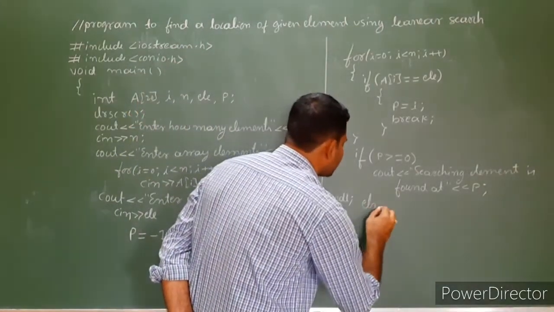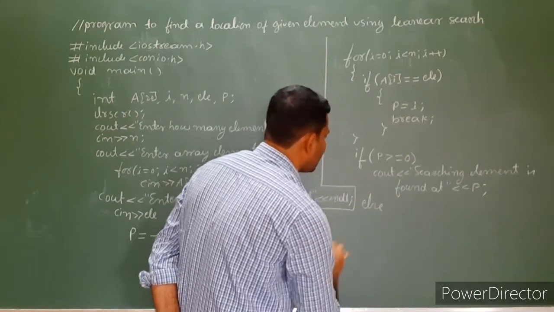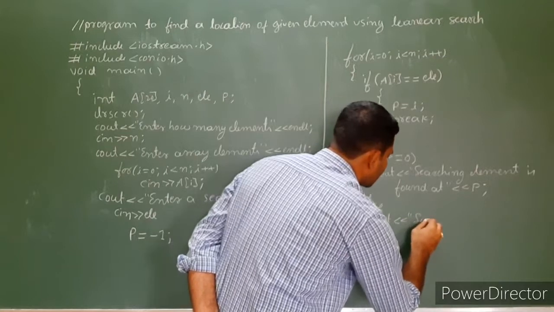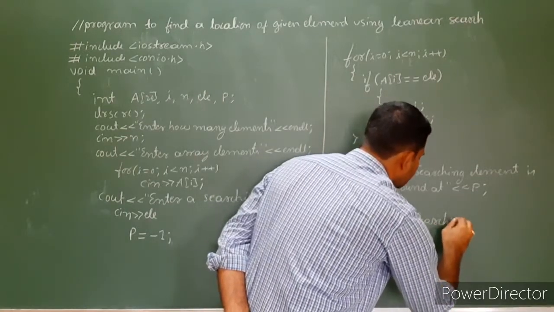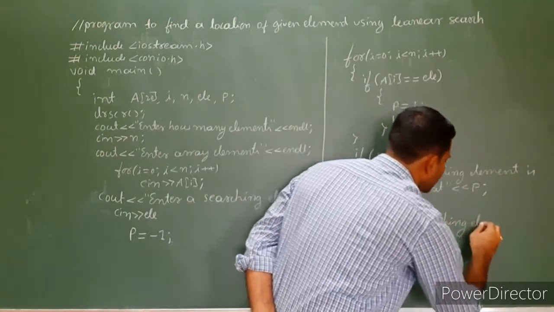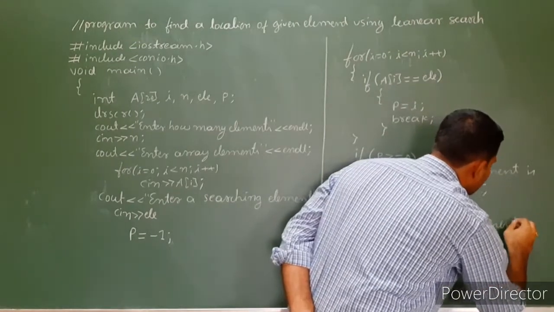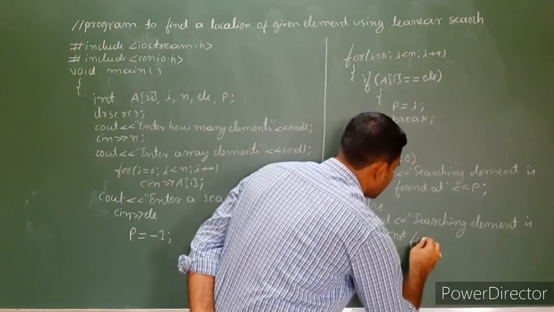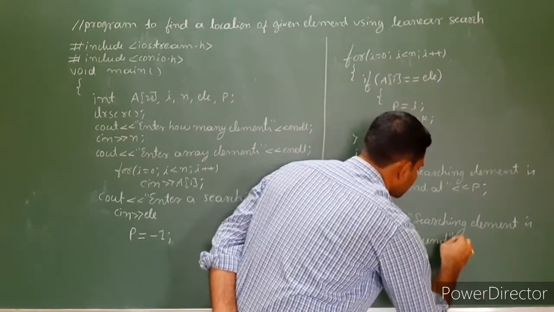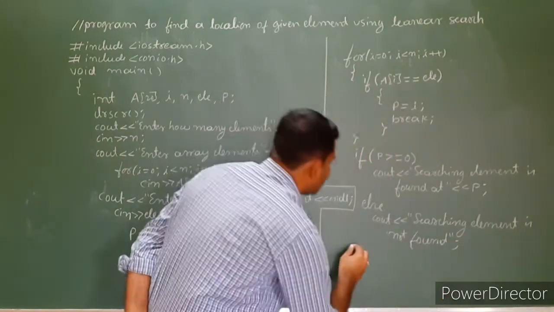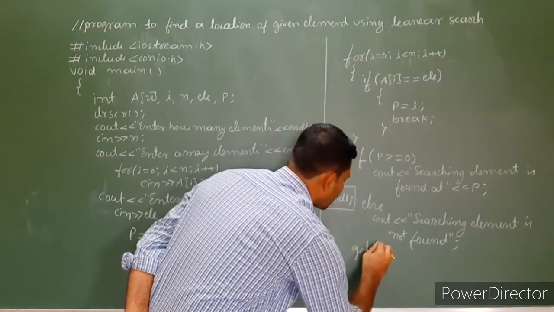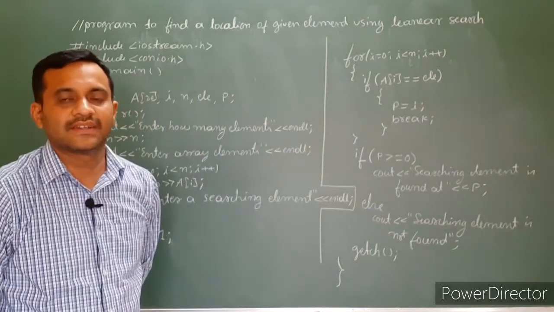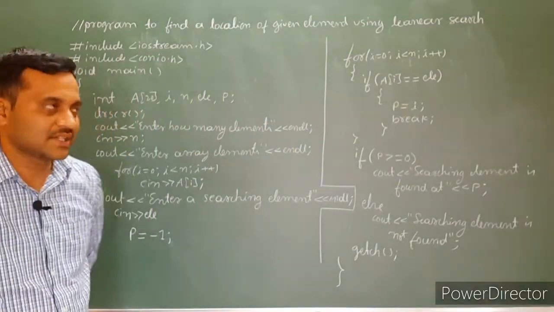Else, if it is false, cout searching element is not found. Close the double quotation, terminate the statement. Then finally, getch, close the main program. It is a program for linear search.